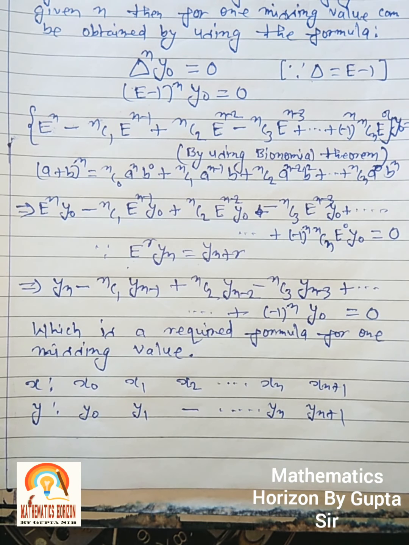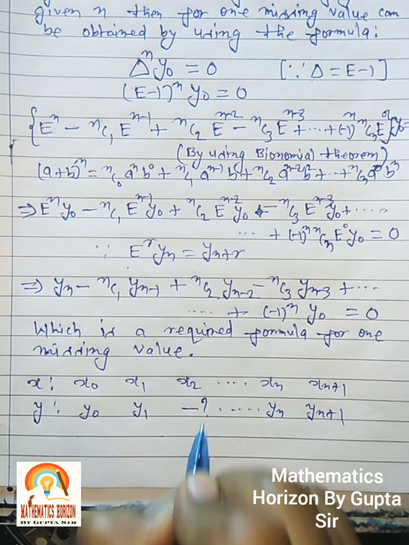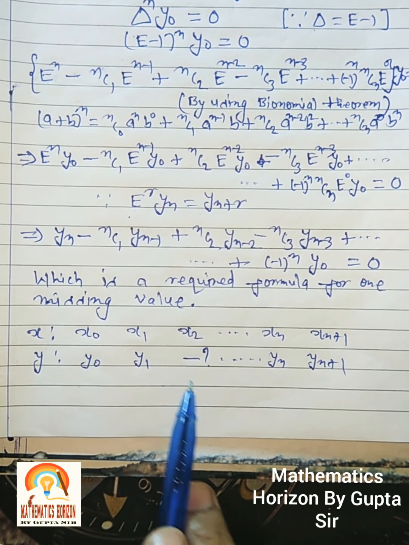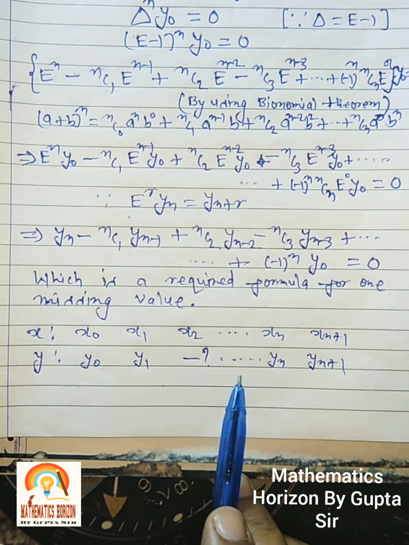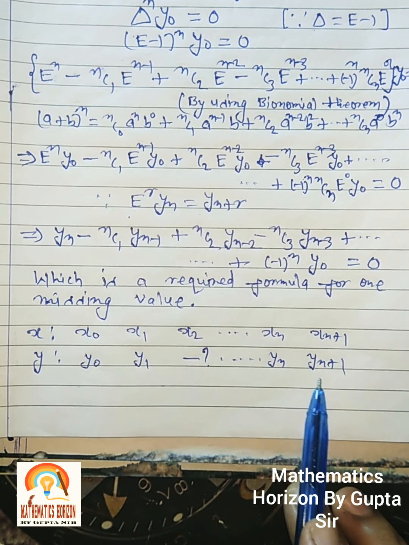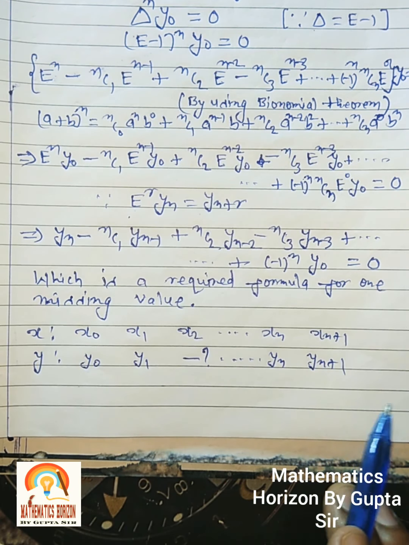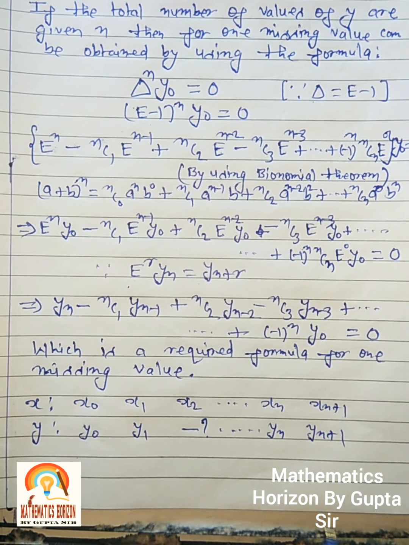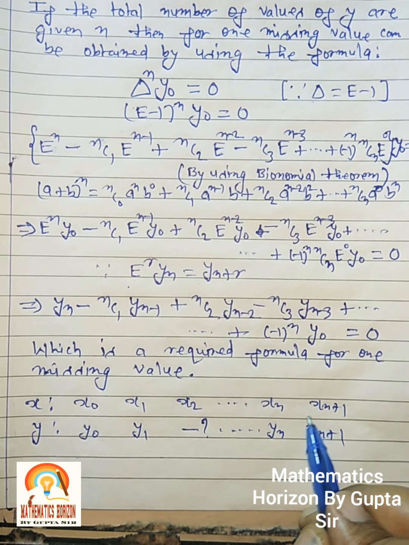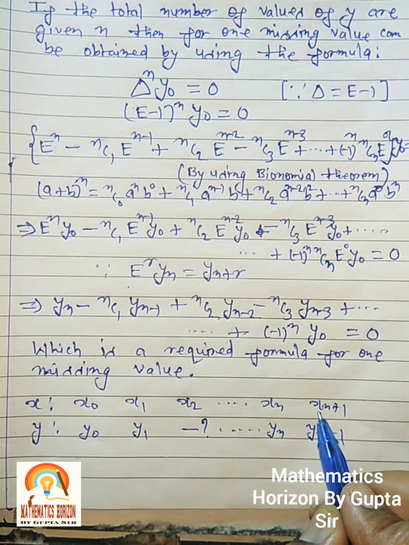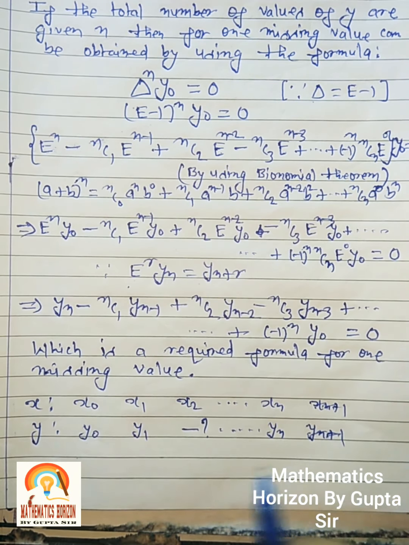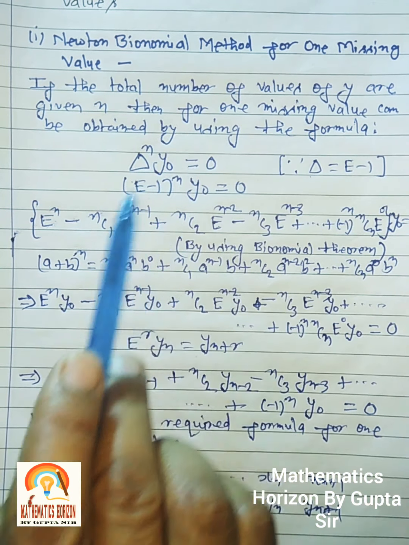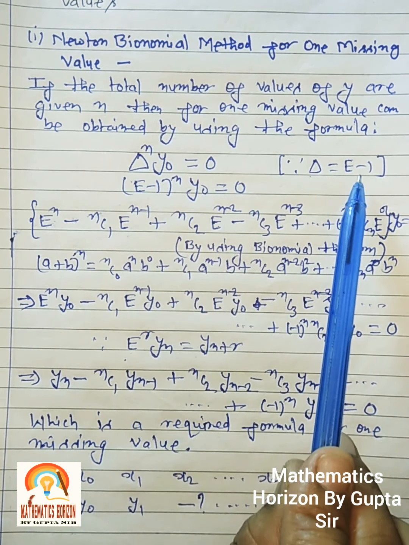Suppose one value is missing and we have to find the value of y corresponding to x equal to x2. Here total n values of y are given. We put delta n y0 and delta equal to E minus 1.